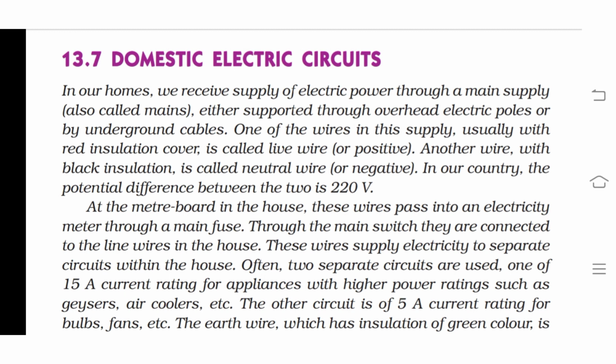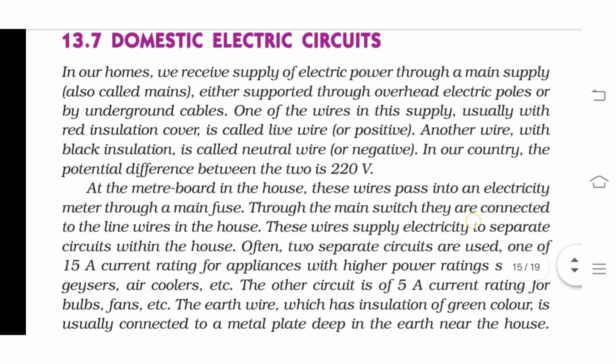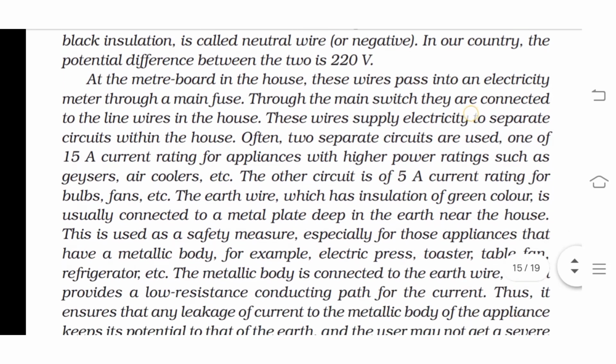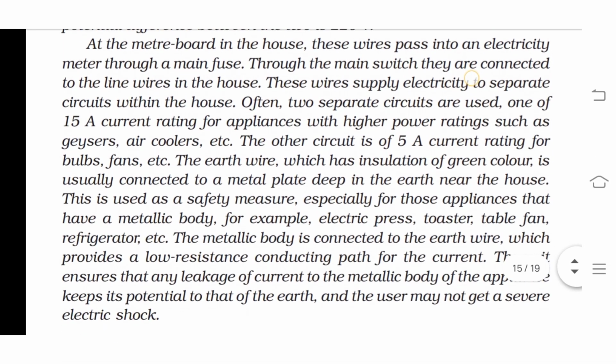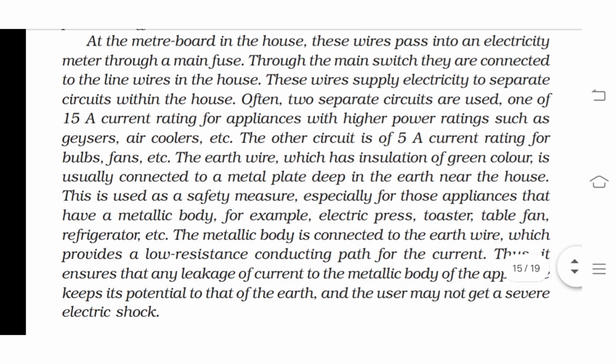In the two wires, the potential difference is 220 volts. For every domestic circuit, the distribution of voltage passes through it, whether in our homes, industries or factories, whatever it is.